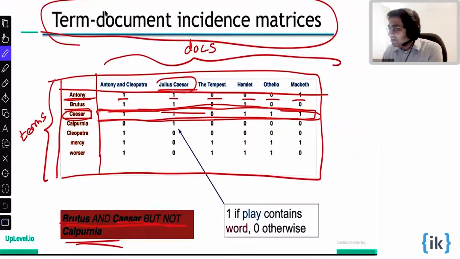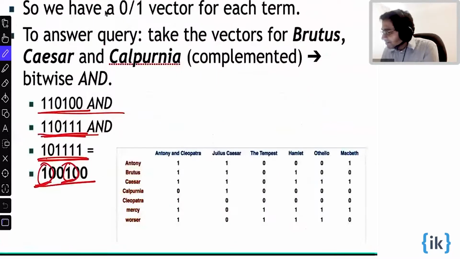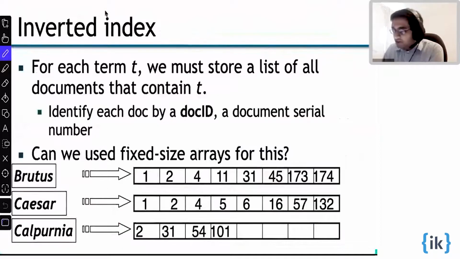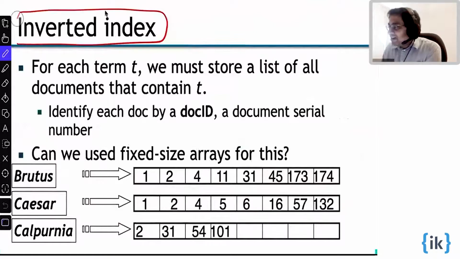We do something similar, because most of the entries are going to be zero, at least 99.8% of them will be a zero. Why don't we just record which entries are a one, right? Or using the terminology of graphs, why don't we move to adjacency lists? If you're not familiar with graphs, that's okay. But basically we have a more efficient way to represent our matrix, where for each term we are no longer storing an entire bit vector for a million documents.